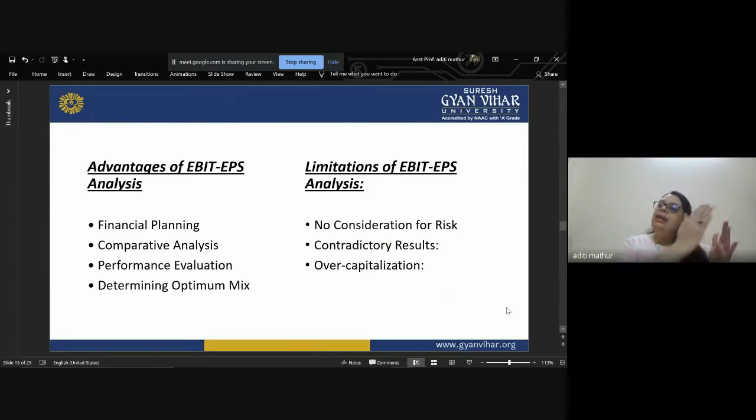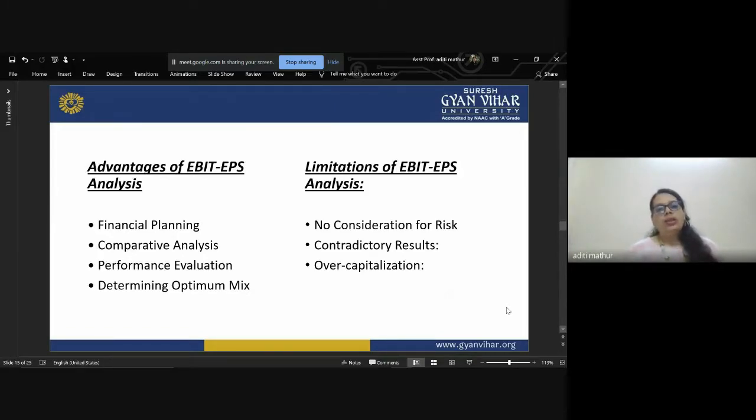So I am planning financially the amounts which will be in front of me after a few months to be paid off. Right? So I am doing my financial planning with the help of EBIT, EPS. So it helps you to draft your financial plans.